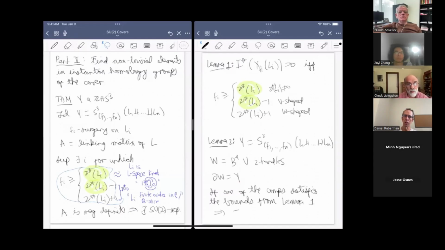Then what I have is that the entire map that I get from this cobordism is 0.